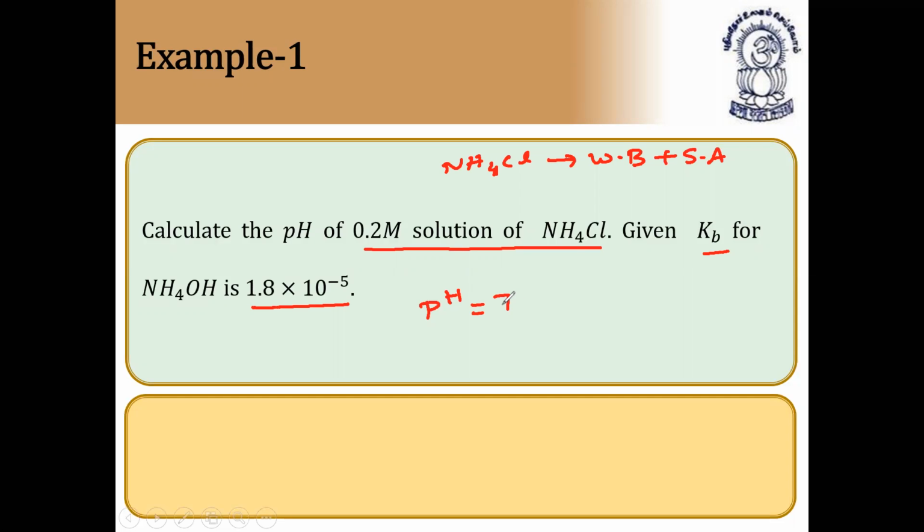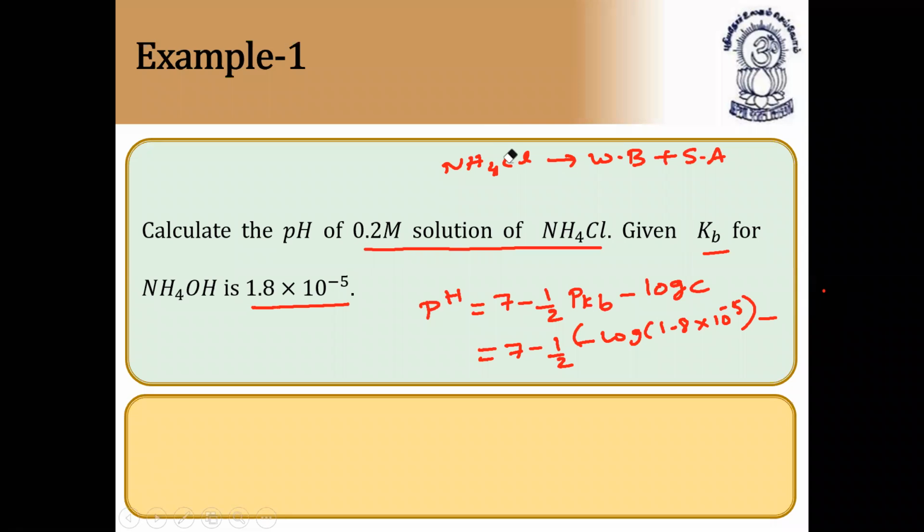pH is equal to 7 minus half into pKb minus log C straight away. So that is equal to 7 minus 1 by 2 into pKb, that is minus log of 1.8 in 10 to the power of minus 5, minus log C, that is log 0.2, sorry. Here we have to substitute the formula.